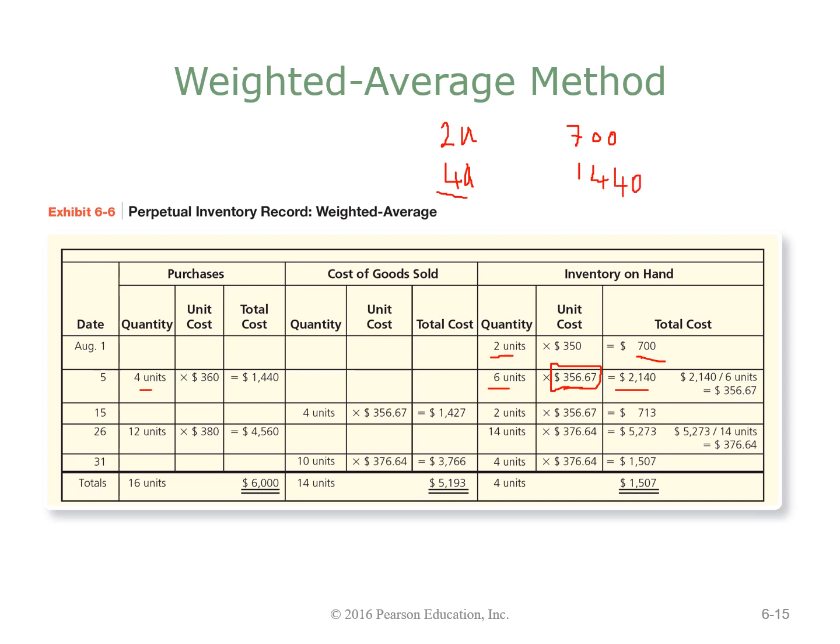So here I have 6 units and a total of 2,140. I will divide the 2,140 over the 6 units.